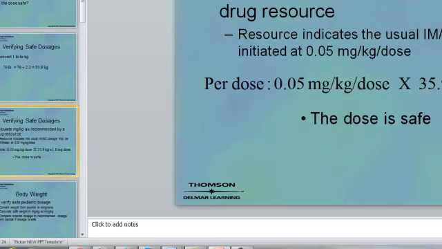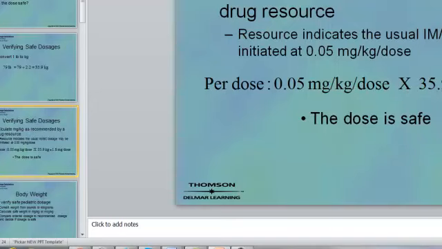We calculate milligrams per kilogram as recommended by a drug resource. So the resource indicates the usual IM SC dosage may be indicated as 500 milligrams per kilogram per dose, times 35 8/10 kilograms.